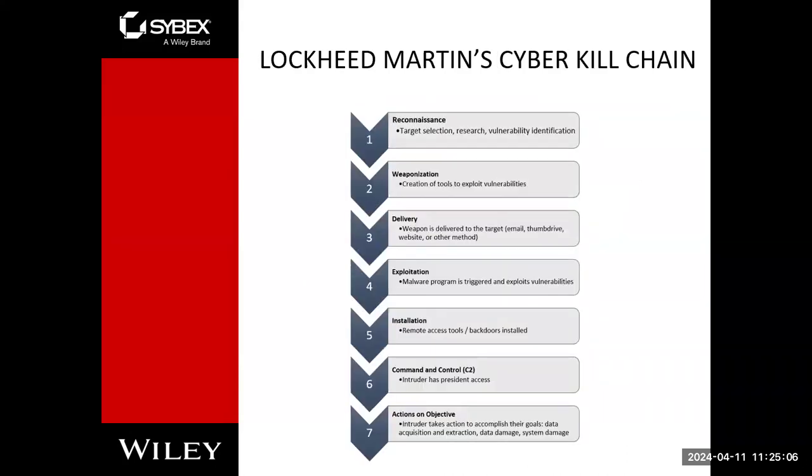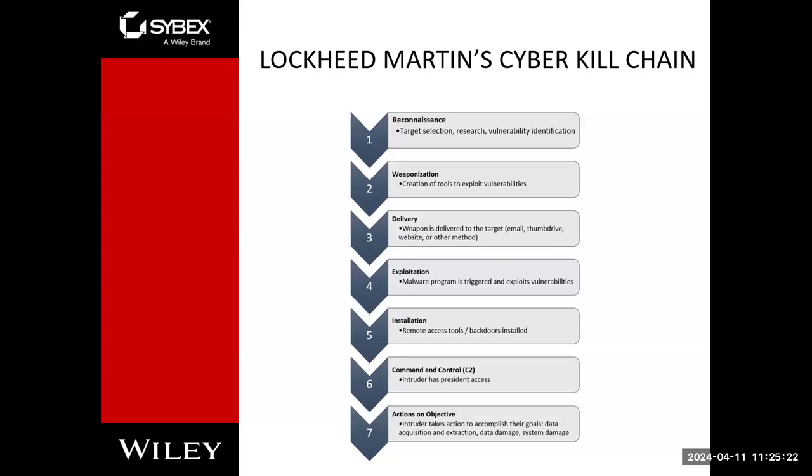Then we have, last but not least, Lockheed Martin's cyber kill chain. This is something you may have heard about, but this was developed by Lockheed Martin. And this is a good representation of the offensive security practice.